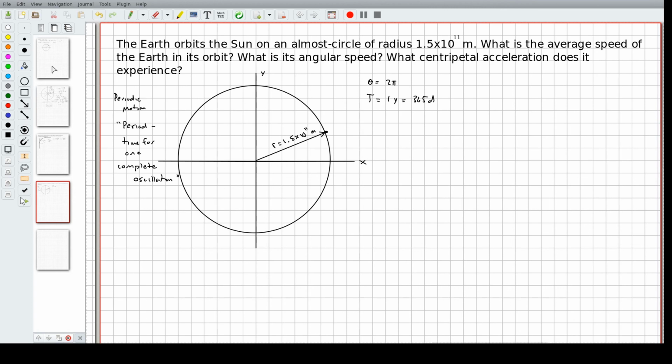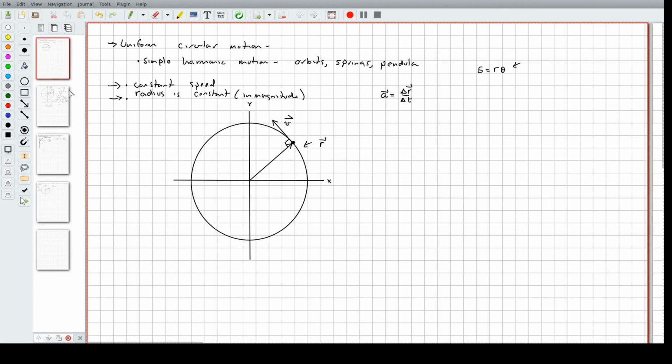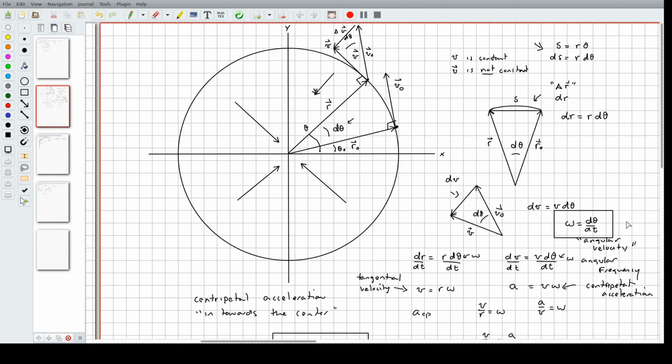So if you think back here, when I was talking about angular velocity, the angular velocity of the Earth would be one orbit through its angles, 2 pi, over however long it takes for it to do that.